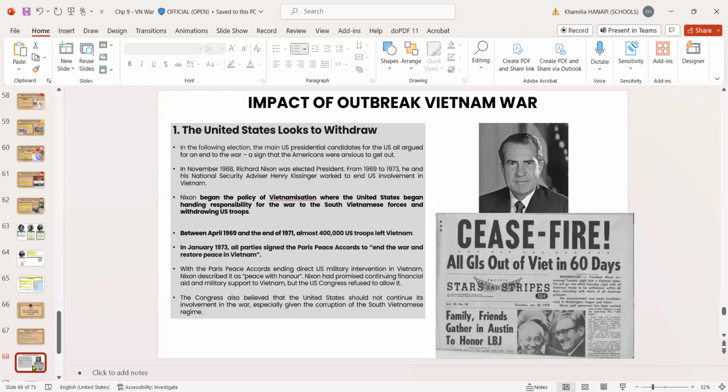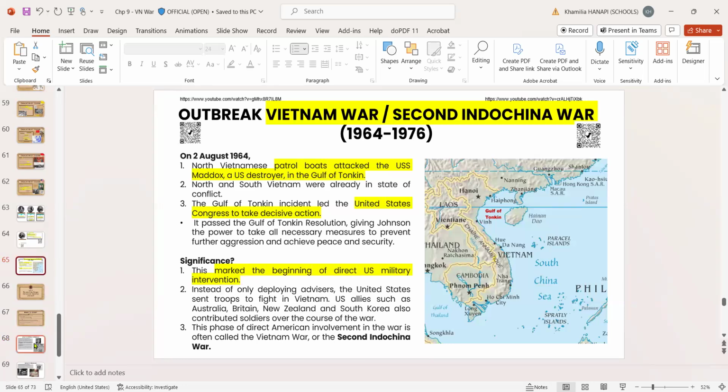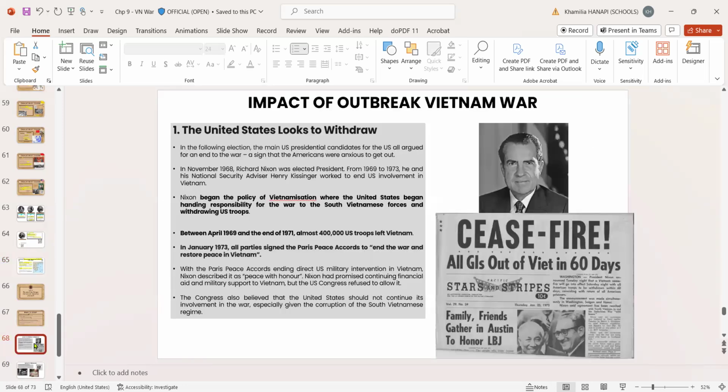So what happened? Now, when we do this, one of the other things that you need to know is in between the fighting, from here, 1976, they continued fighting. Now, Americans were more serious about winning the Vietnam War. But unfortunately, they lost the war.